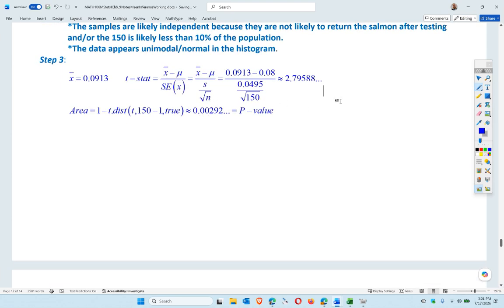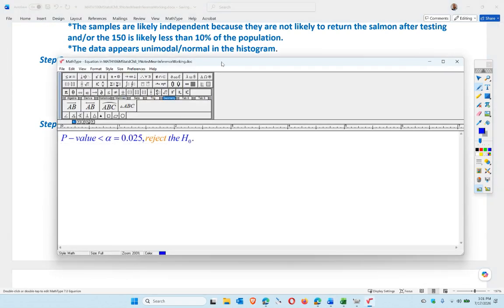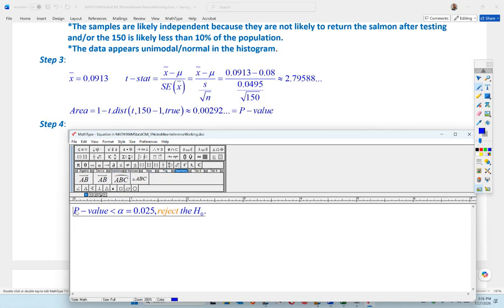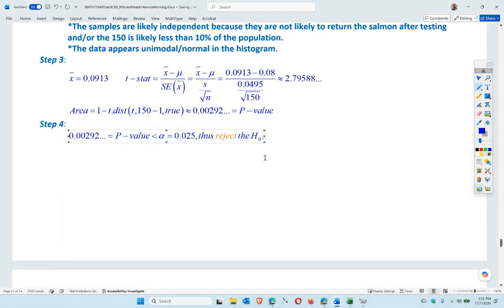So what does that mean? Step 4. Our p-value is 0.00292..., which is clearly less than alpha by quite a lot. So thus, we should reject the null hypothesis.